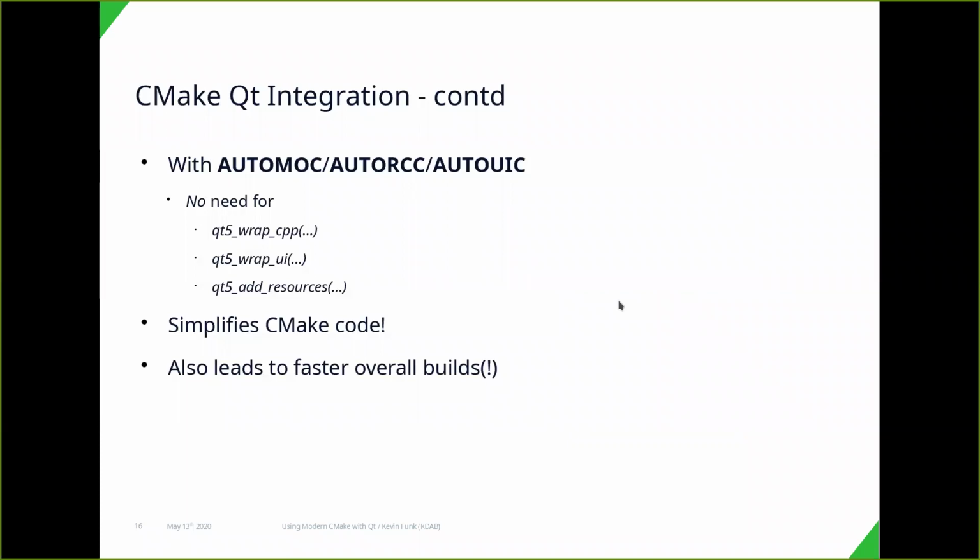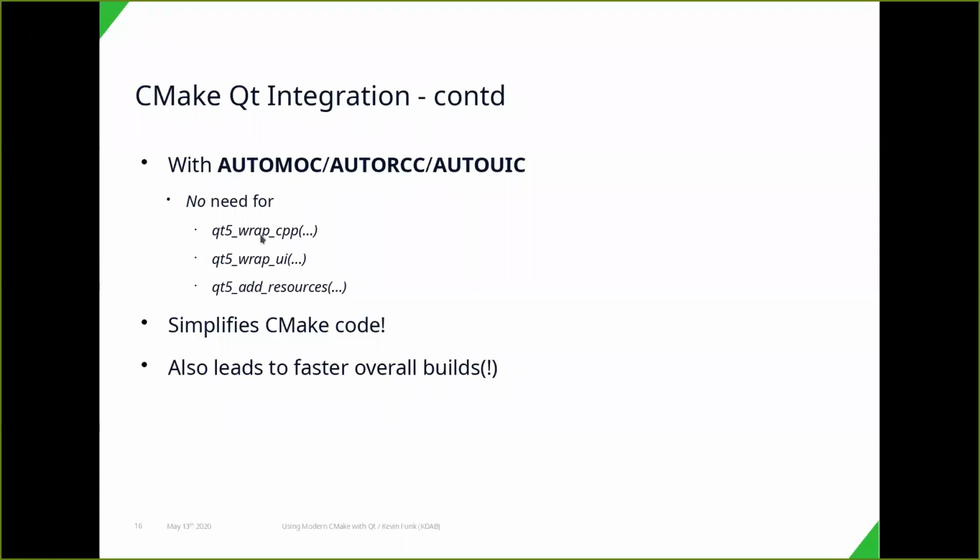Right. Just a few more words about the CMake Qt integration. With the new AUTOMOC, AUTORCC, and AUTOUIC, there's actually no need for these old-fashioned functions anymore called qt_wrap_cpp, qt_wrap_ui, qt_add_resources.